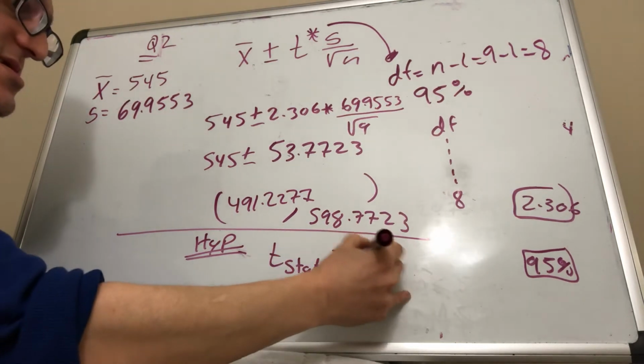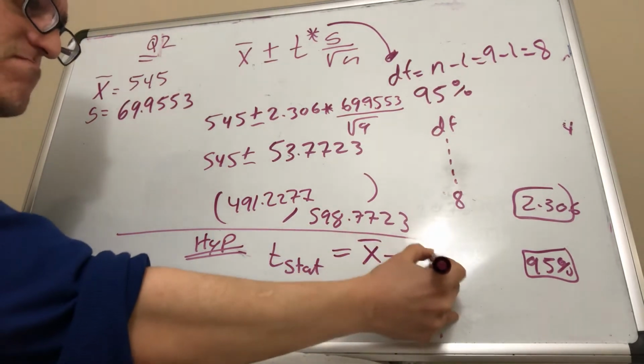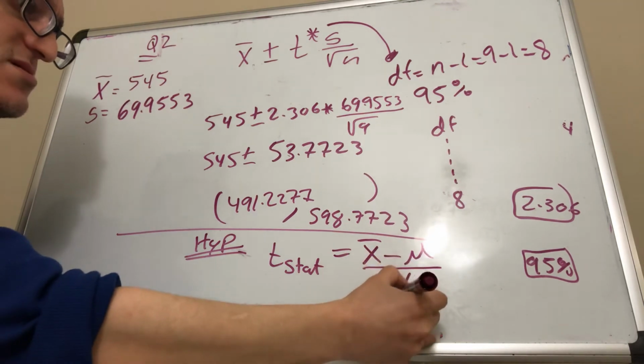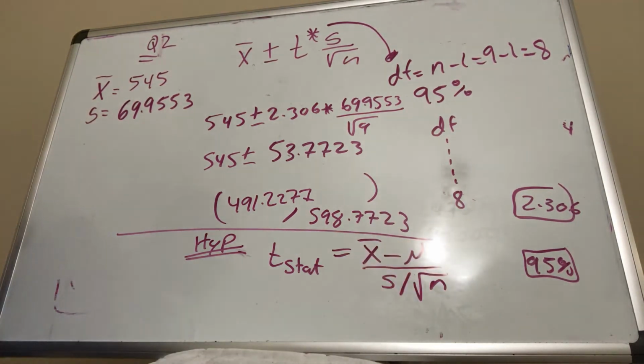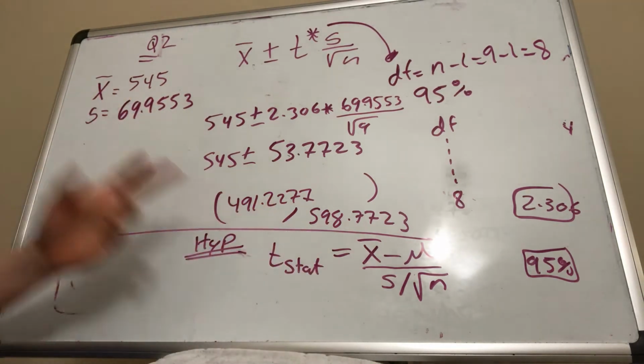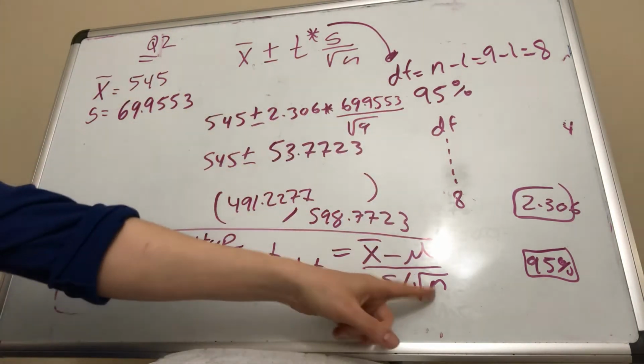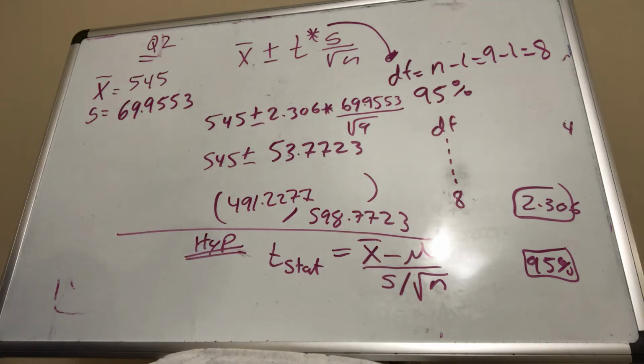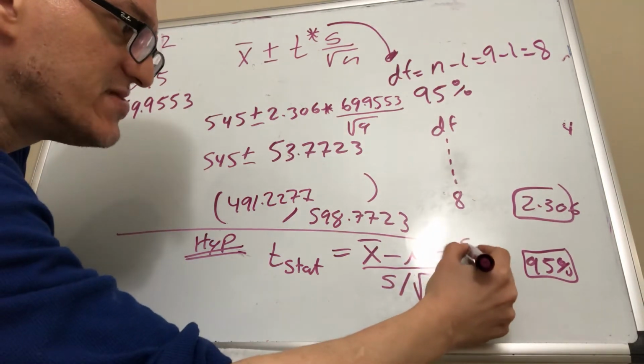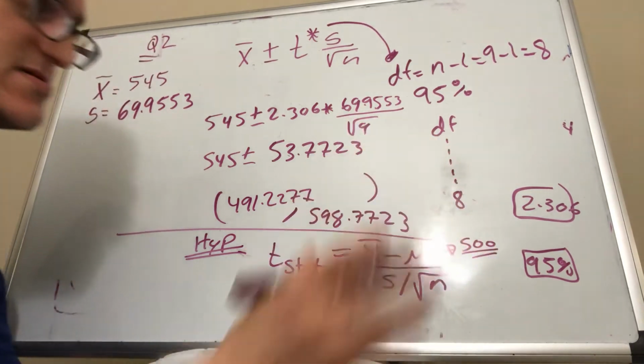It's basically x bar minus mu over s over square root of n. X bar is the 545, s is the 69, n is the 9. Mu, what is mu? Mu is whatever they give you in the question. They tell you in the question that the rent is 500. So mu would be the number given in that section, 500.